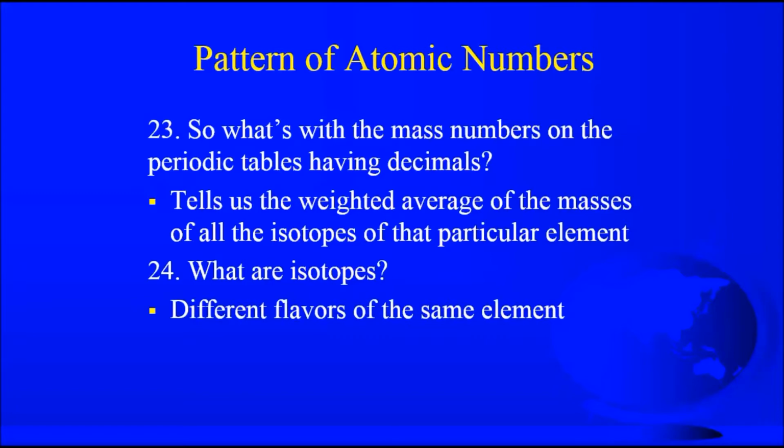Isotopes. These are atoms that are basically the same thing. They're all sulfur, they're all oxygen, they're all carbon because they all have the same number of protons, but they have different numbers of neutrons.